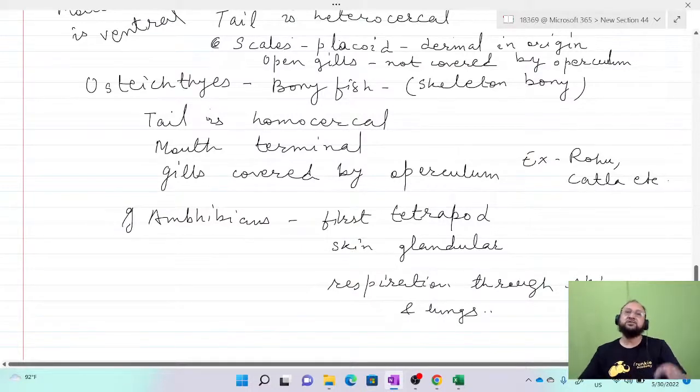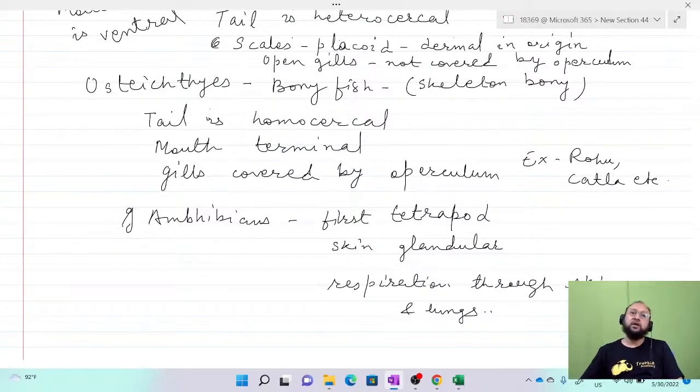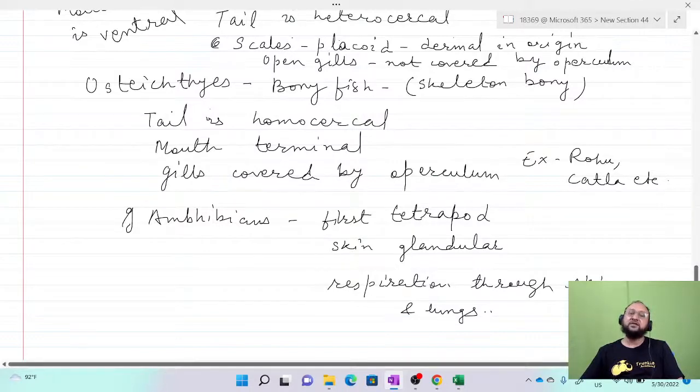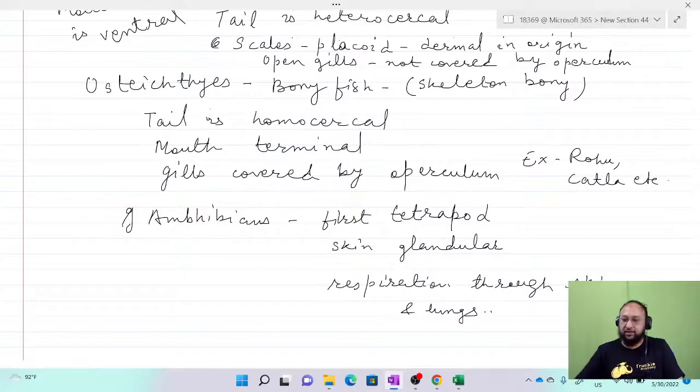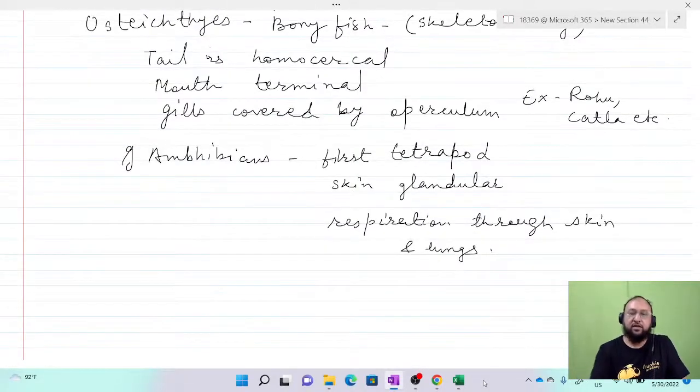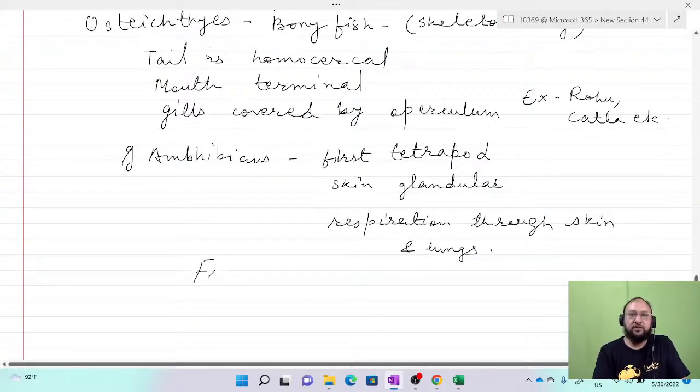In the larval stage they have gills, which are present when they are in the water. They respire in water, and when they are on land, they respire through the lungs. Examples are frogs, toads, and some other amphibians like tree frog, Hyla, etc.